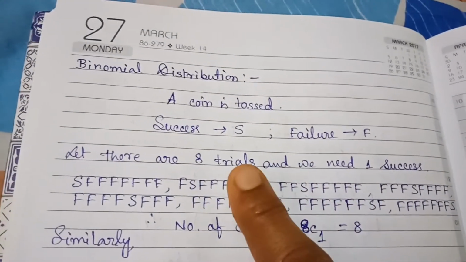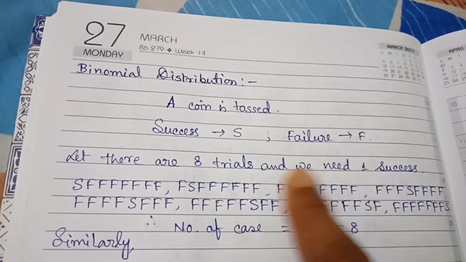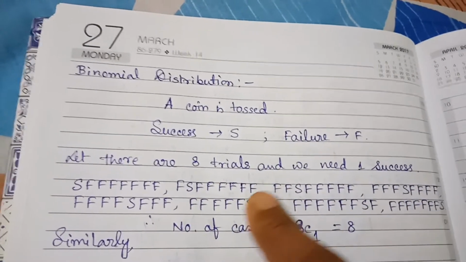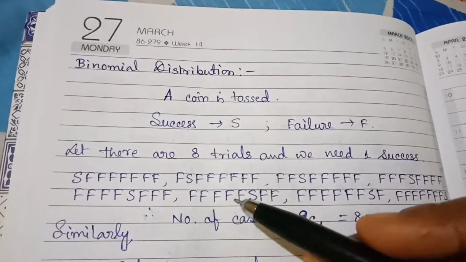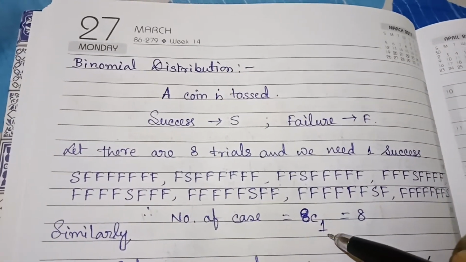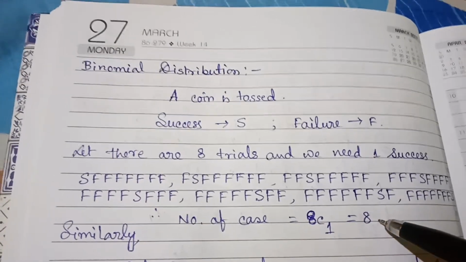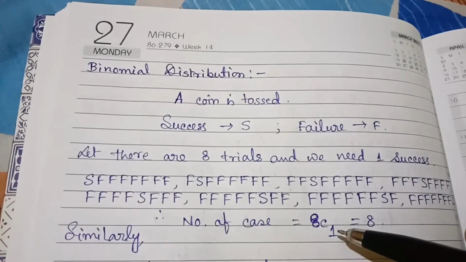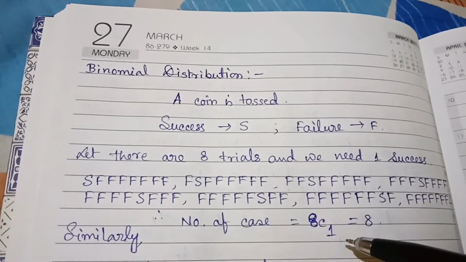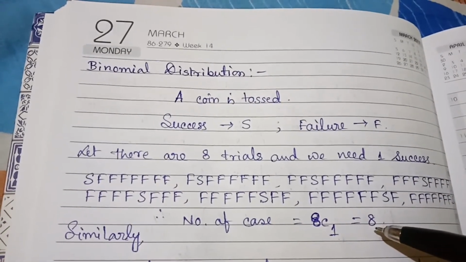So for 8 trials, for one success, we can represent the trials and its results in 8C1 cases. That means 8. 1, 2, 3, 4, 5, 6, 7, 8. So we can represent it in 8 cases.